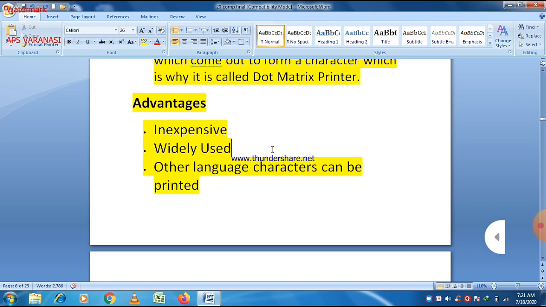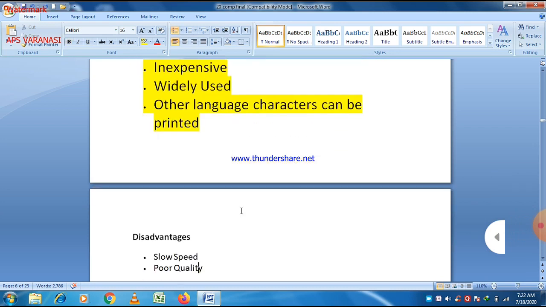So these are the three important advantages of dot matrix printers: inexpensive, widely used, and other language characters can be printed.